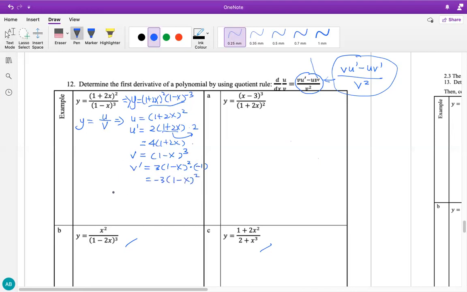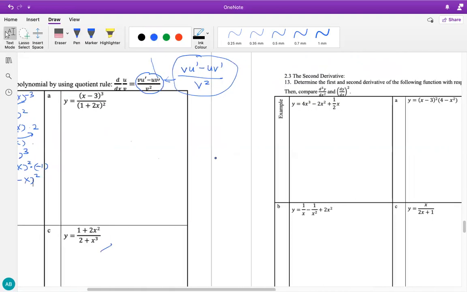Okay, now we substitute into the formula. Okay, I will borrow this place. So dy/dx follows this: (vu prime minus uv prime) over v squared.